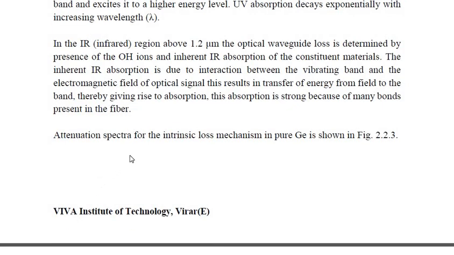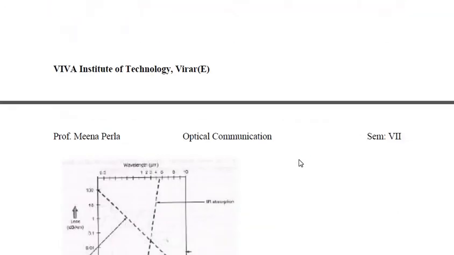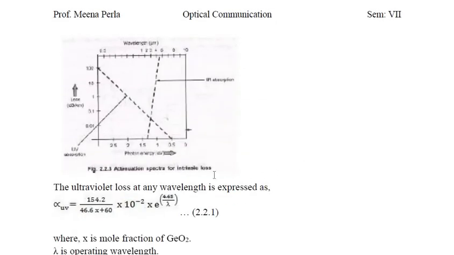The attenuation spectrum for the intrinsic loss mechanism in pure germanium is shown below. So this is the attenuation spectrum for intrinsic loss, where photon energy in electron volts is increasing, and we have these losses in dB per kilometer.